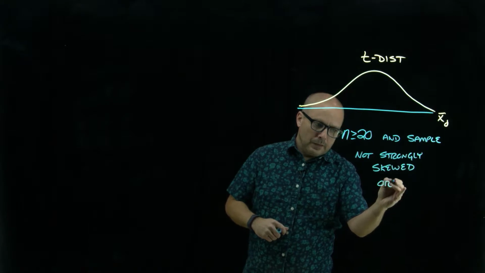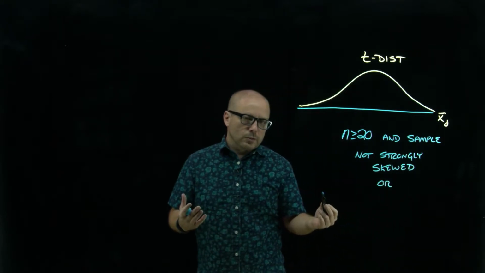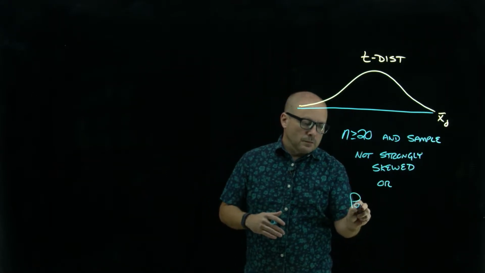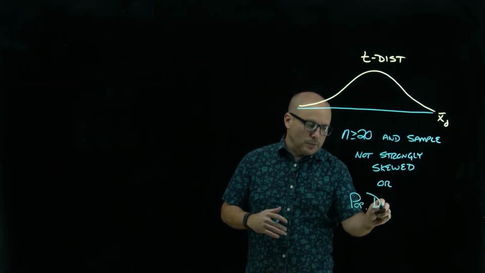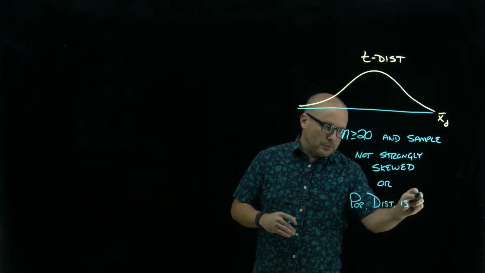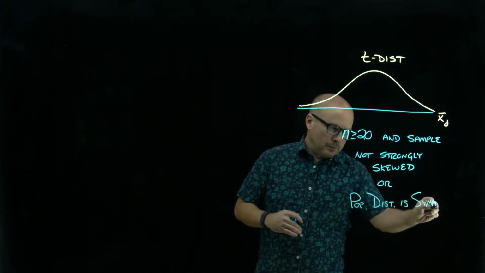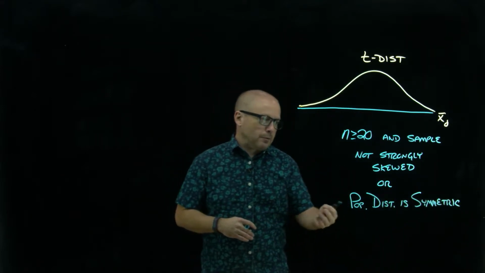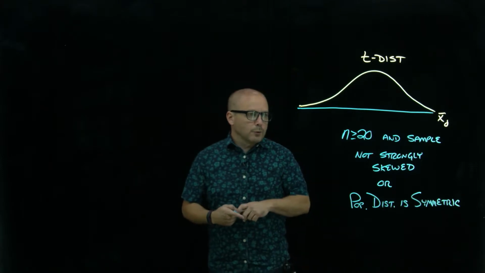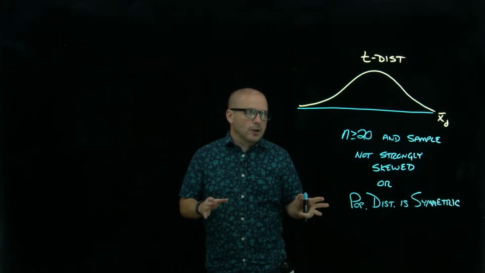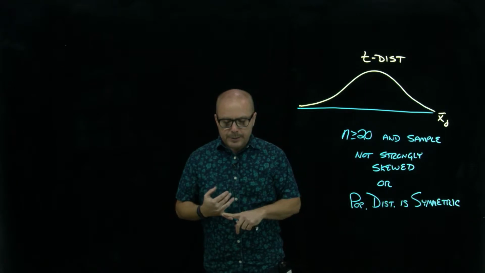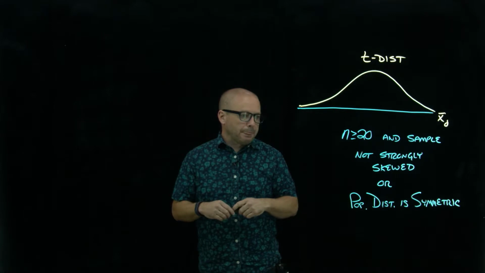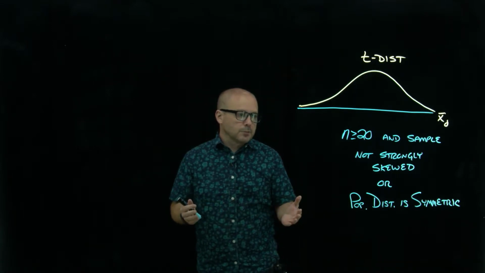Or you can assume that the population distribution is symmetric. So one or the other. You would have to have some knowledge of the population to claim that, maybe from past studies or whatever. So there's our validity conditions: at least 20, again no strong skewness, or you happen to know that the population distribution is symmetric.